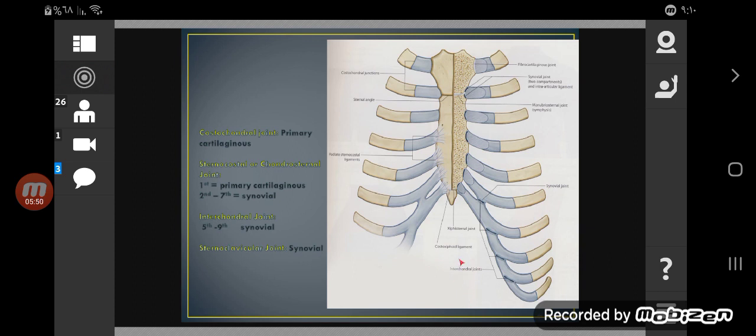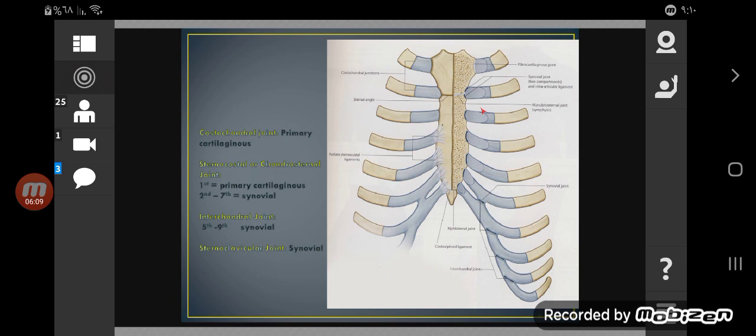And if you remember the structure of the synovial joint, each synovial joint has these features, these details. We've got an articular cavity, this space.